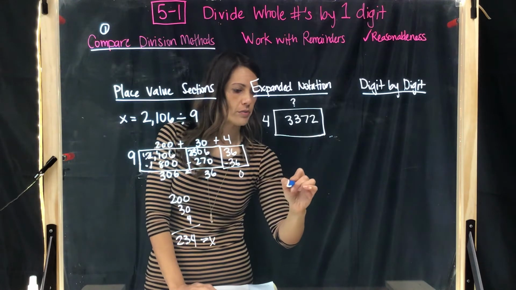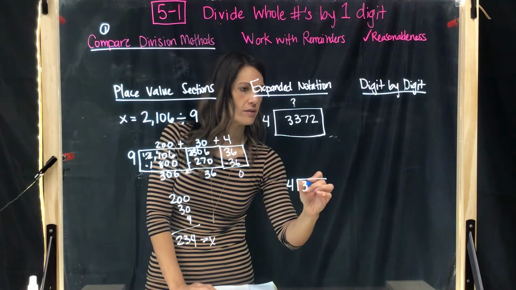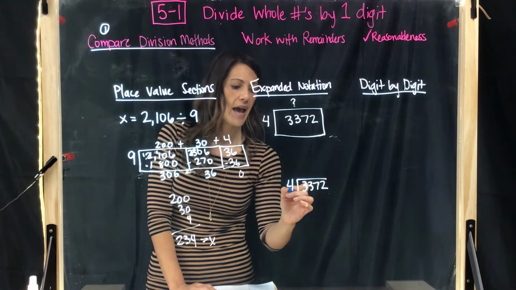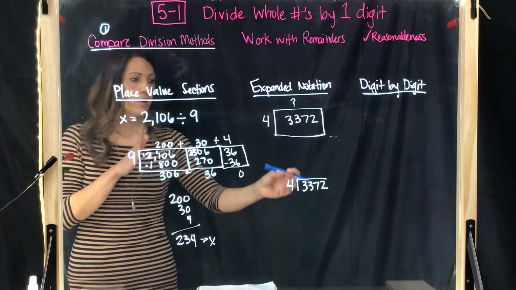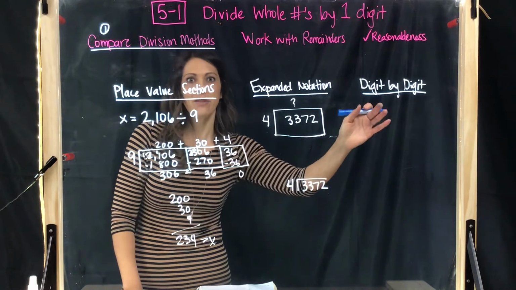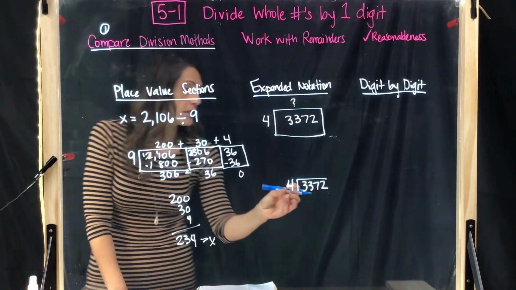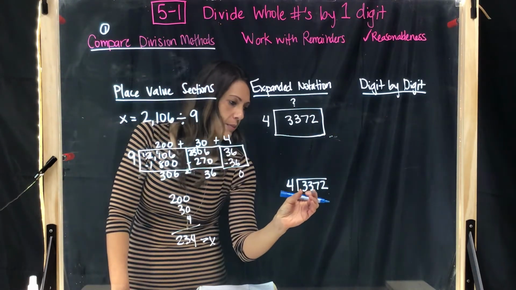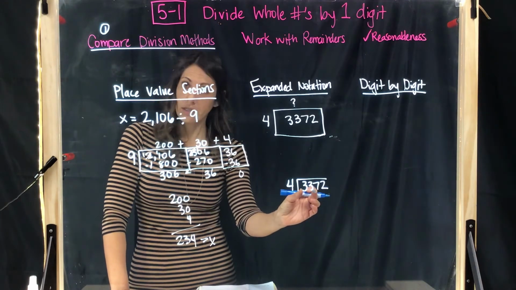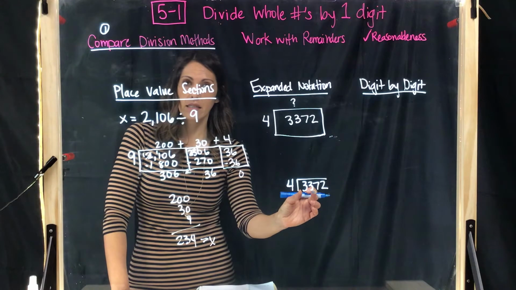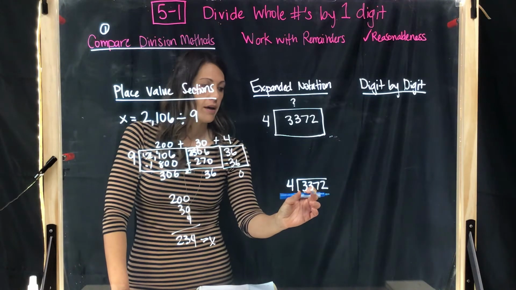So I'm going to rewrite my problem, 3,372. And again, with expanded notation, you're looking at the entire number, not just digit by digit, because digit by digit is that method, okay? So 4 goes into, not 3, but 33, 7 times, because 4 times 7 is 28. Yep.